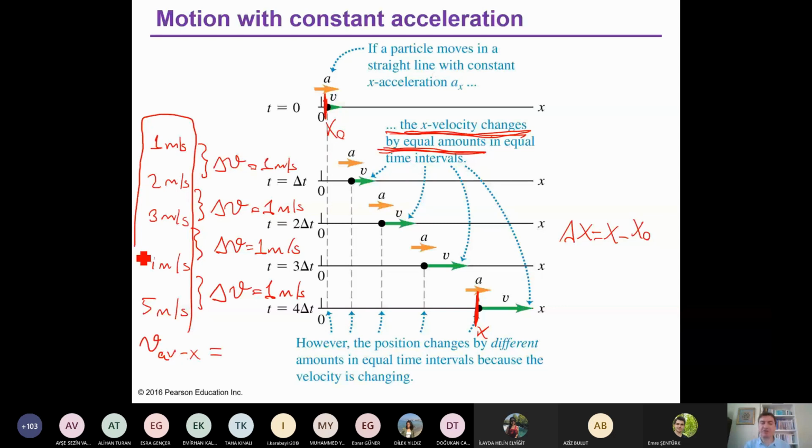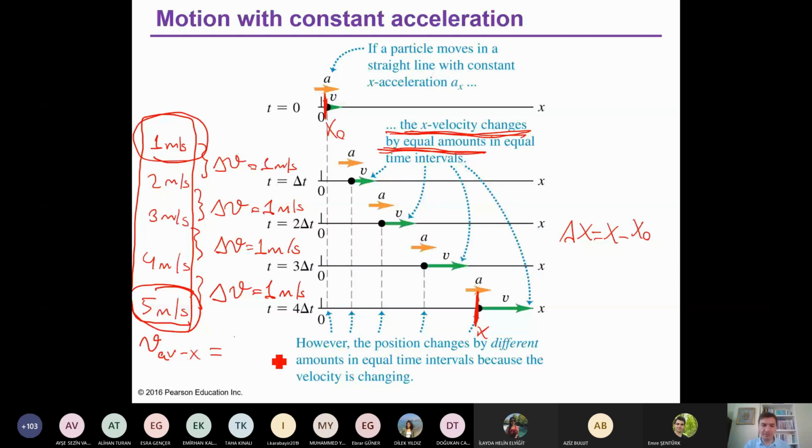Then you can get the average, right? Instead of doing that, you can also do it like this. Initial velocity plus final velocity divided by 2. Then this will also give you the average value of the velocity.